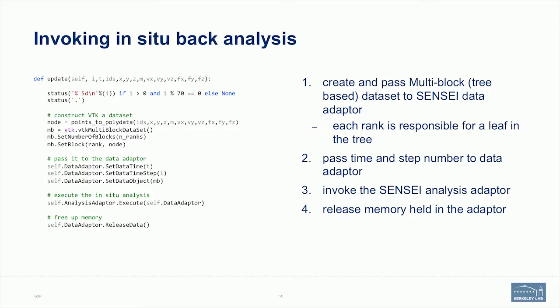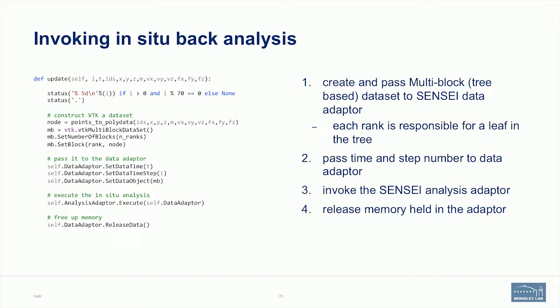To get this through the SENSEI API, we're going to convert to a VTK multi-block data set. We're going to set the number of blocks to the number of ranks. So each rank has one block. And we're going to set the block on our rank to this poly data set that we just created. So poly data set is a type of unstructured mesh, but it's limited in what type of cells you can have. So this is one of the quirks of VTK.